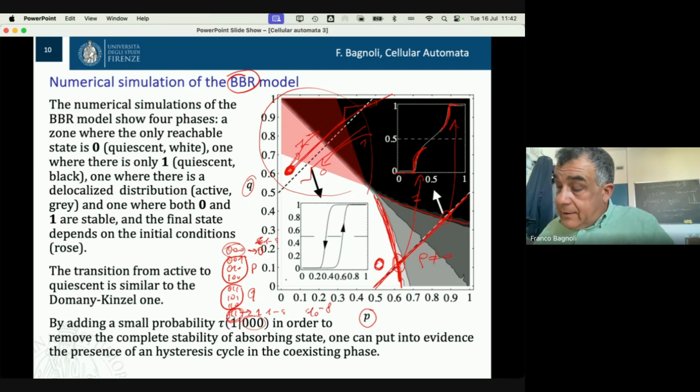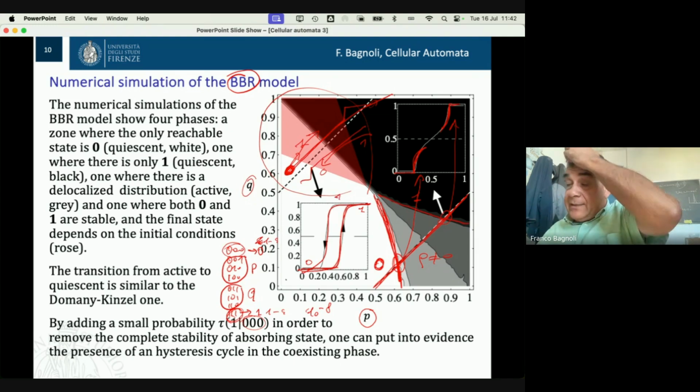Then, when the 0 becomes unstable, it can be near 0, because clearly now the density is of order epsilon. But still you have a transition here from almost 0 to almost 1, and the backward transition here from 1 to 0. And so you observe a hysteresis cycle.